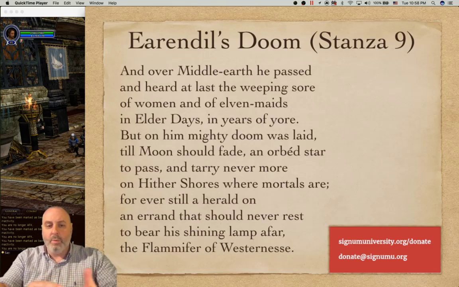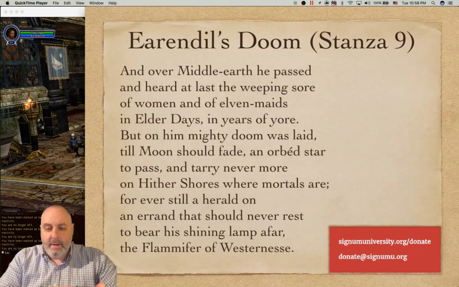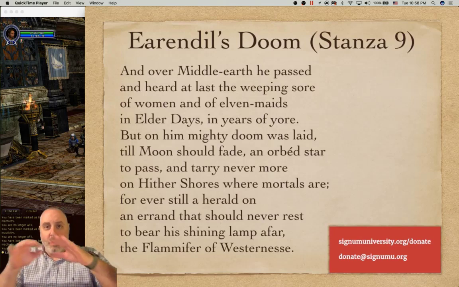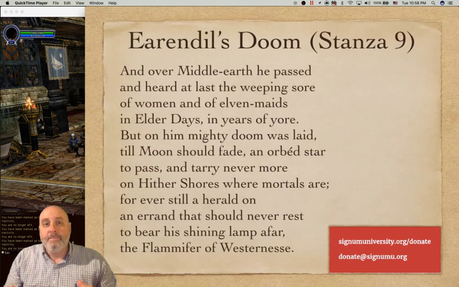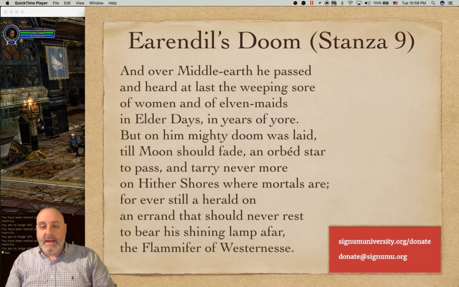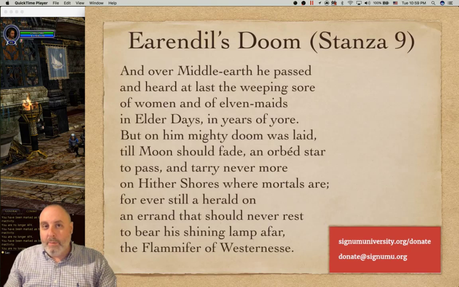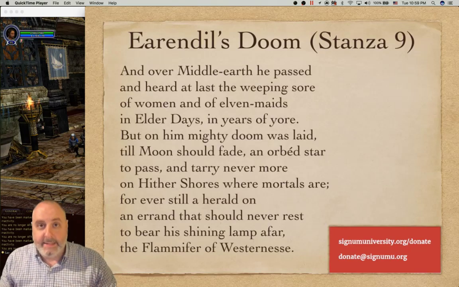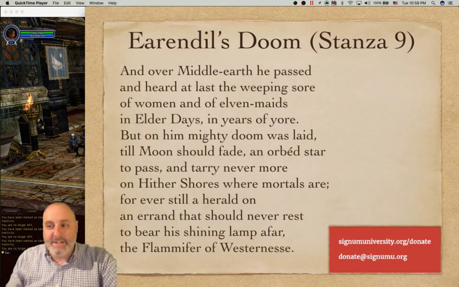First of all, let's settle the orbed star business. Yes, okay, good, several viewers, right? So an orbed star to pass. He is a star within his orb. So yes, this means he is restricted to, he is an orbed star, which does mean he is a planet. He is in a planetary sphere.